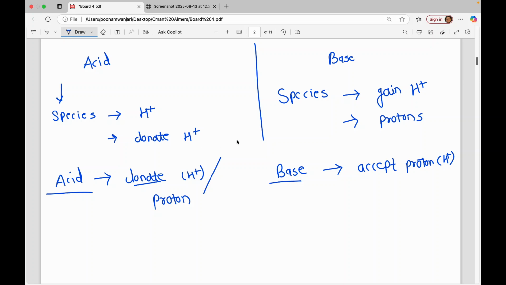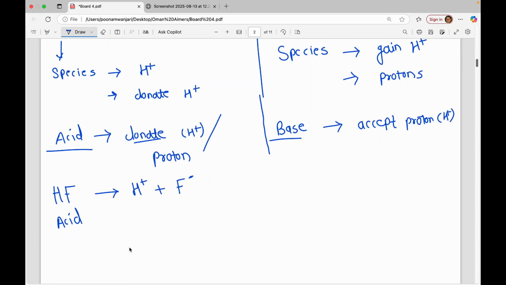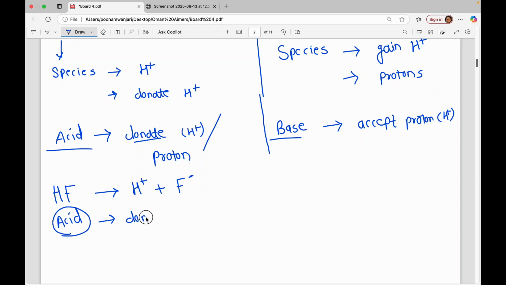Let us take one example to understand this concept of acid and base. If I take the example of HF, hydrofluoric acid, this is an acid, and we can see it is an H+ containing species. When H+ is available, it is ready to donate that H+ with the release of F-. So the acid donates H+ or a proton.